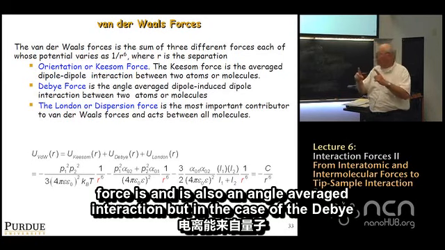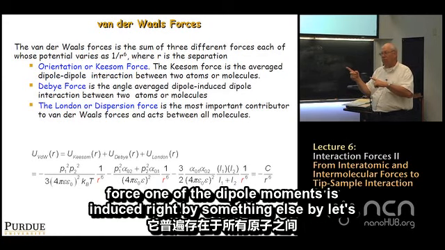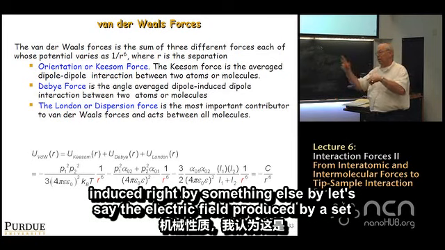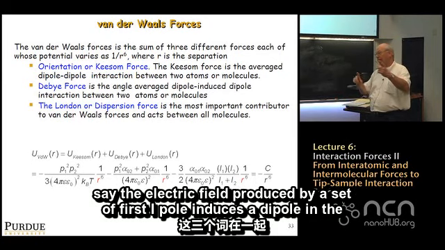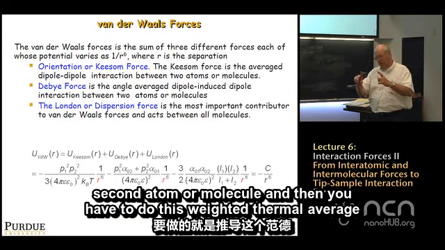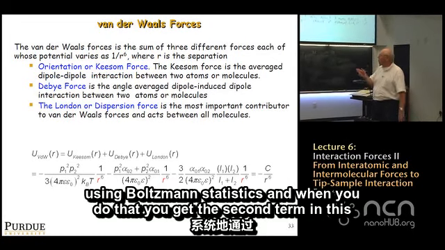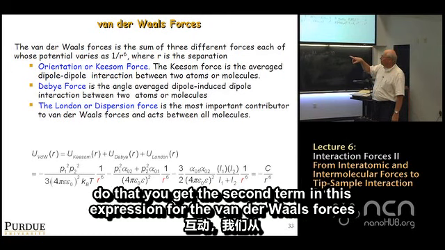But in the case of the Debye force, one of the dipole moments is induced by something else. By, let's say, the electric field produced by a first dipole induces a dipole in the second atom or molecule. And then you have to do this weighted thermal average using Boltzmann statistics. And when you do that, you get the second term in this expression for the van der Waals forces.